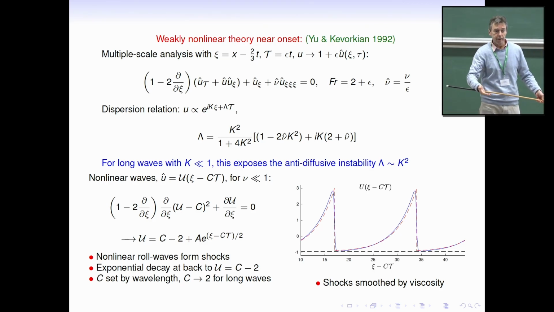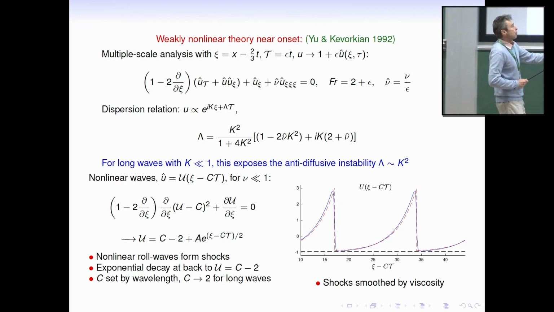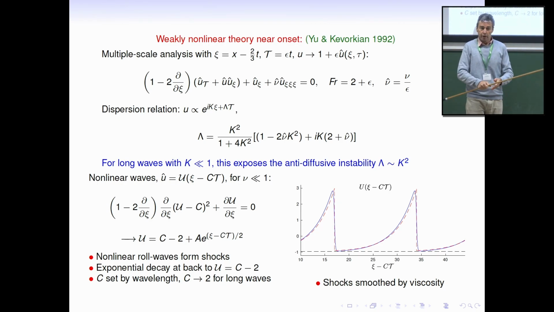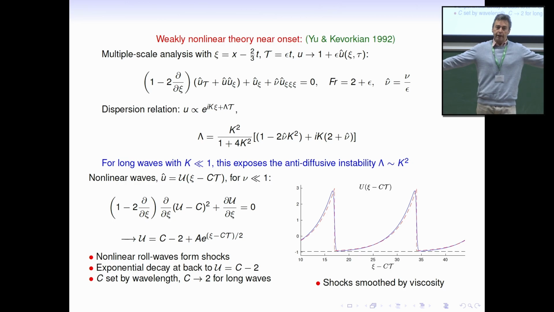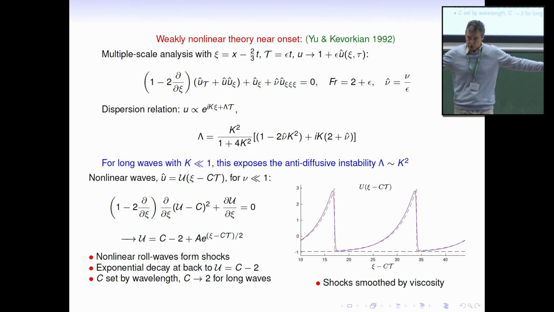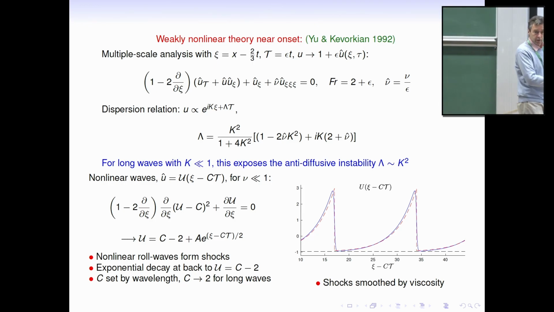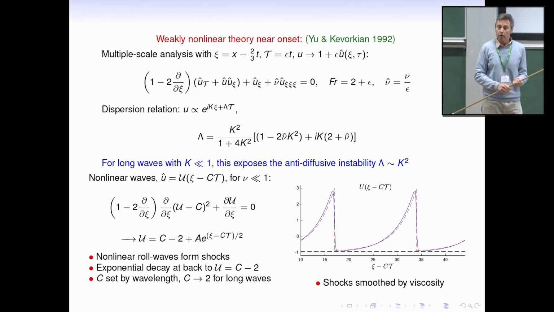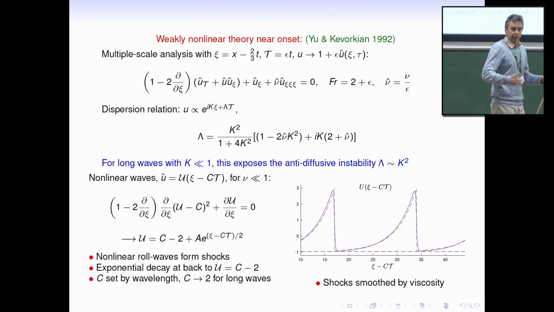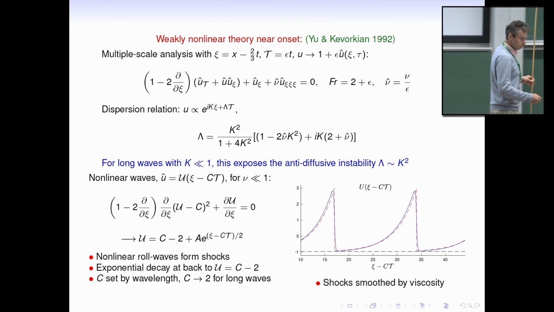So it's no surprise that long roll waves become unstable again because they contain this big wide gap between the shocks, which suffers the same roll wave instability that led to them in the first place. So that's why you cannot coarsen forever, because ultimately you end up with the same instability.